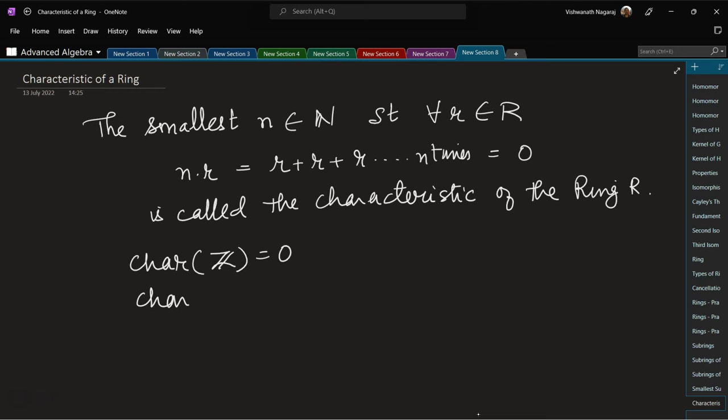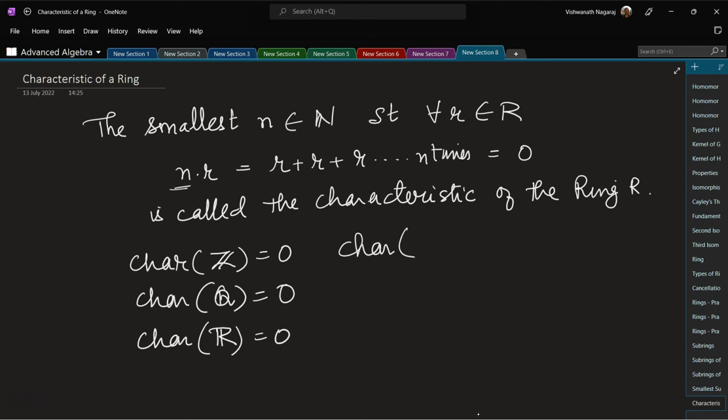Similarly, the characteristic of rational numbers is equal to 0, because there is no smallest n where this becomes 0. Similarly, the characteristic of real numbers is equal to 0.